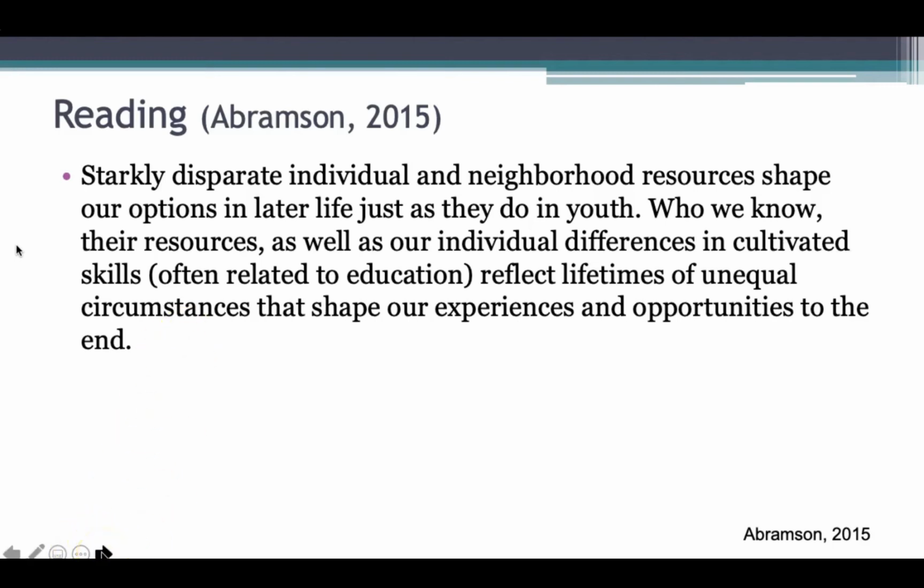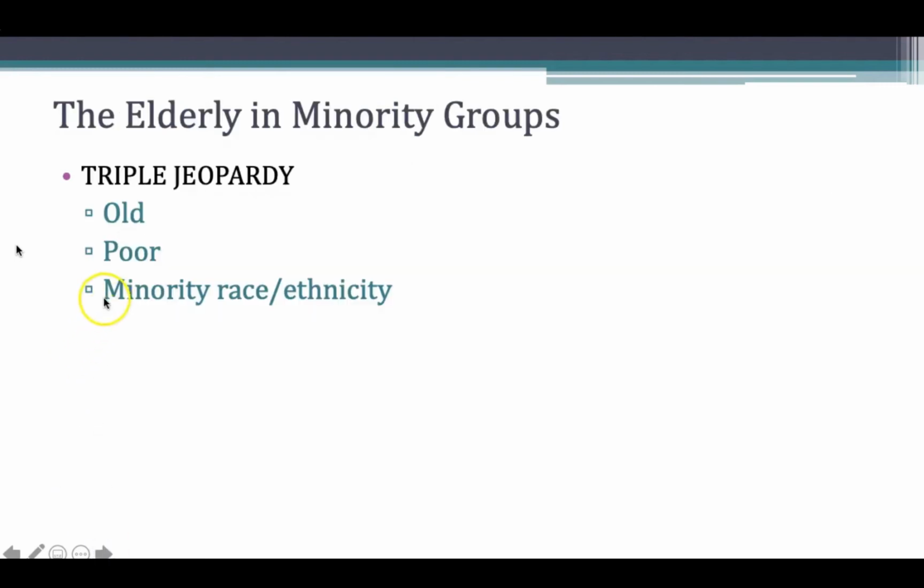But basically it says what we've been talking about, that people in later life can have very different kinds of experiences that are largely related to things like education, income, and wealth. And one of the things, it's not really discussed specifically in this article, but we're going to look at these 3 different aspects.